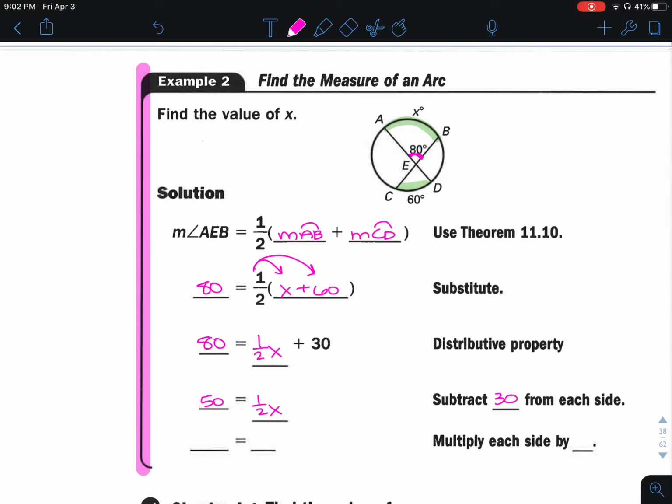So the reciprocal is just the flip of that fraction. So right now I have 1/2. So the reciprocal of 1/2 is 2 over 1, or 2. So I'm going to multiply each side by 2. So this times 2 just gives me X by itself. 50 times 2 gives me 100, and I solve for my X. X should be 100.